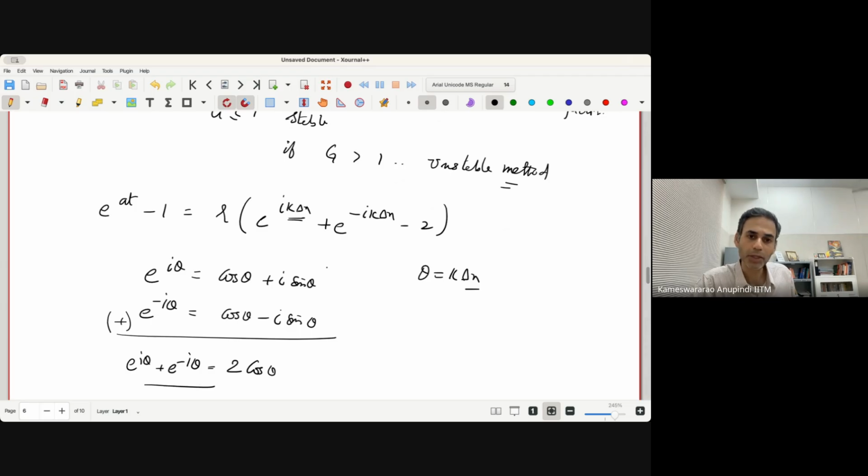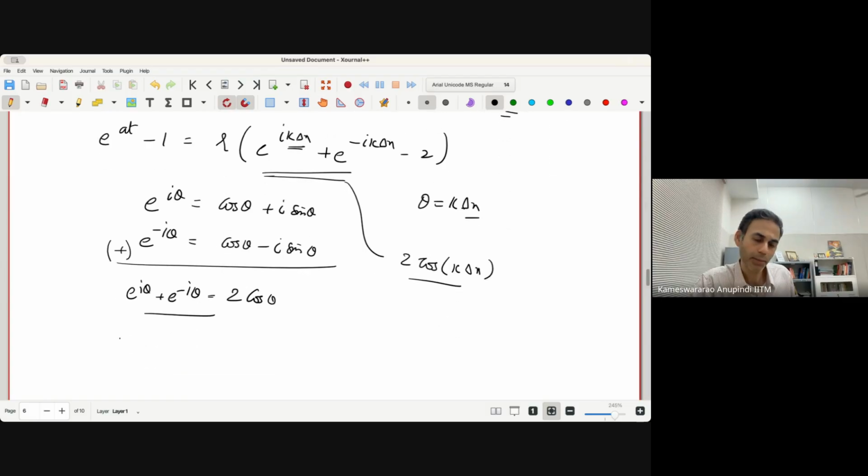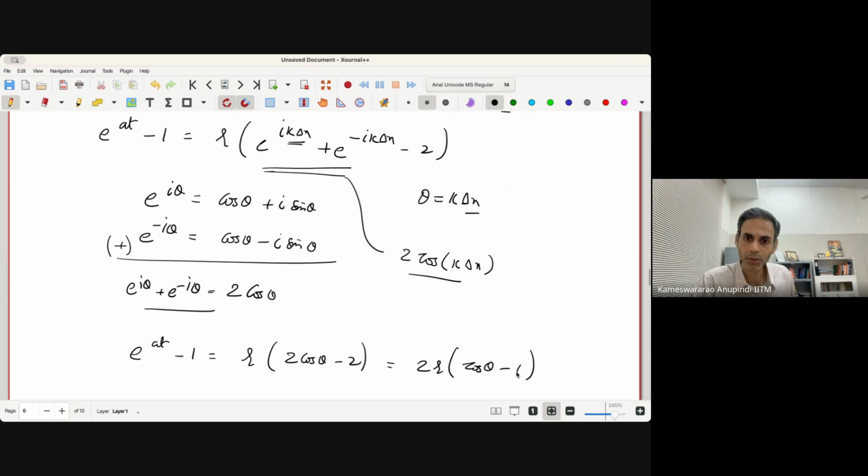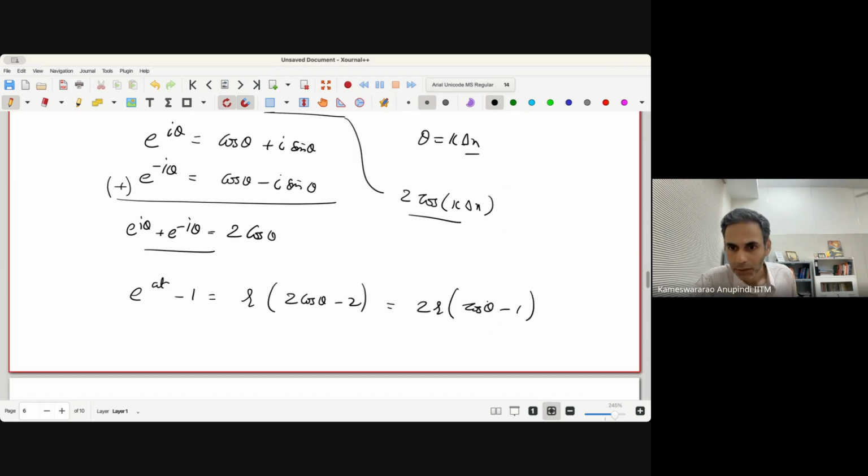That means the summation of these two is 2 cos of k delta x. So e to the power at minus 1 equals r times 2 cos theta minus 2, that means 2r times cos theta minus 1.